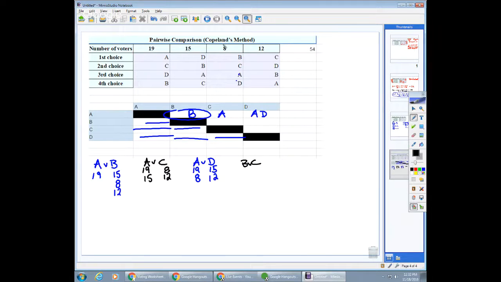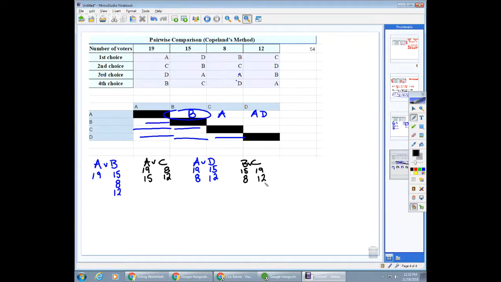Let's see. So B versus C. C is the winner of 19. And then B takes the next 15. B takes the next 8. And C takes the next 12. So what do we have there? We have 31 versus 23.